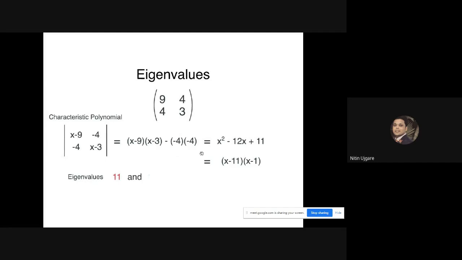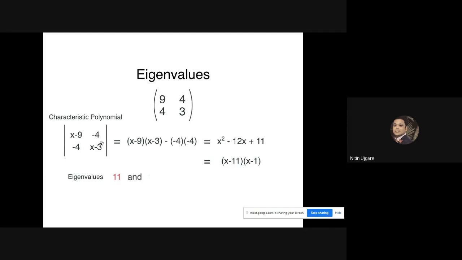So our equation is x square minus 12x plus 27 minus 16. Performing it further, we get the quadratic equation x square minus 12x plus 11. If you factor this quadratic equation, you get x minus 11 into x minus 1. So 11 and 1 are the roots of this determinant polynomial equation.